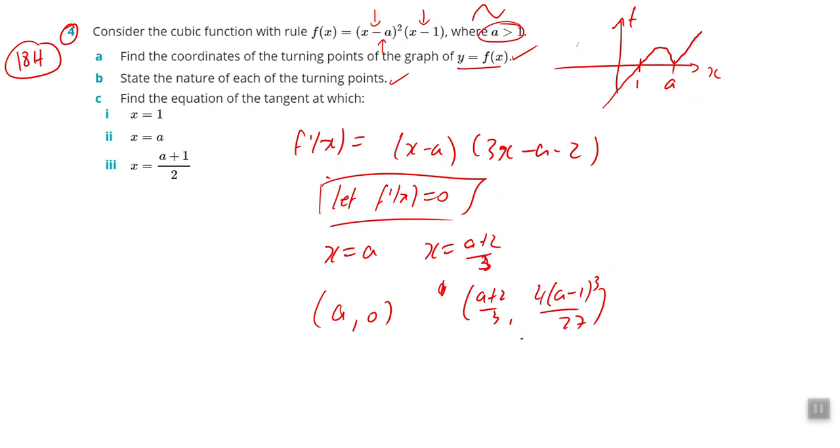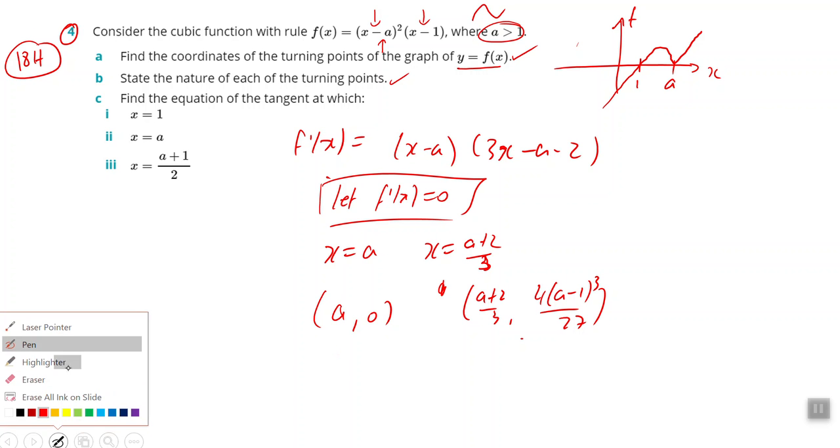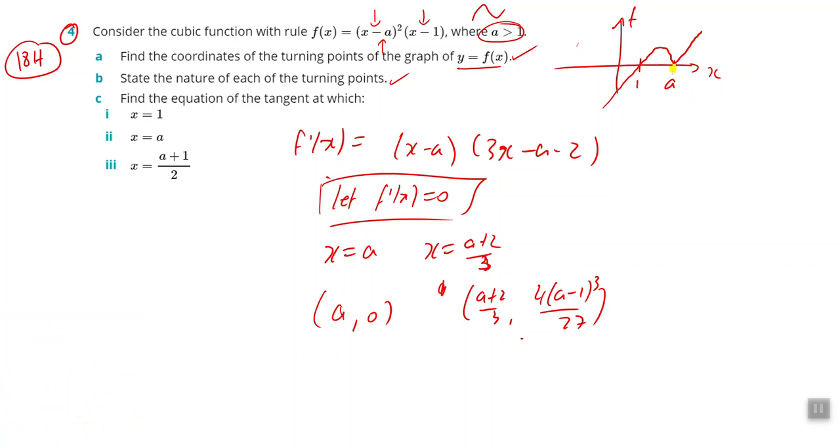We've got two turning points. At x equals a, will it be a maximum? No, not maximum, minimum, because if we look back at my original graph, can we see that x equals a is a minimum? That's when the y value is 0.